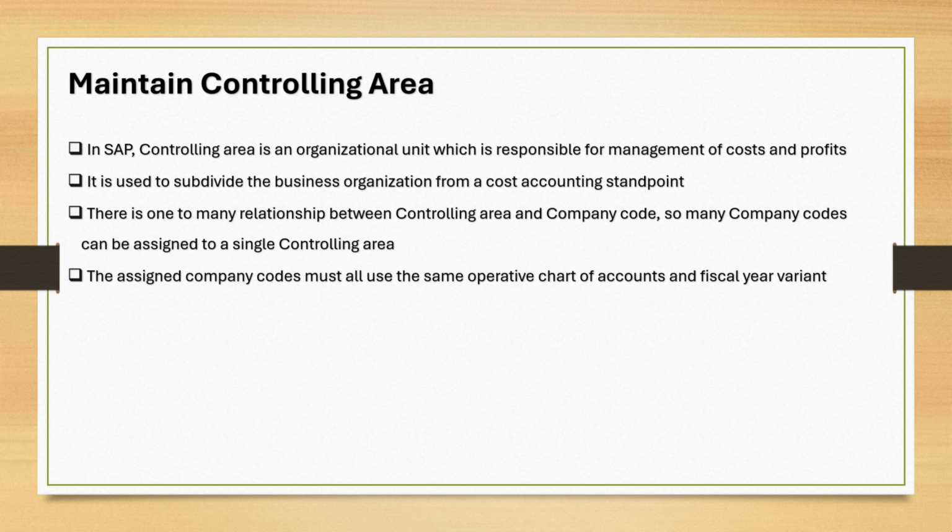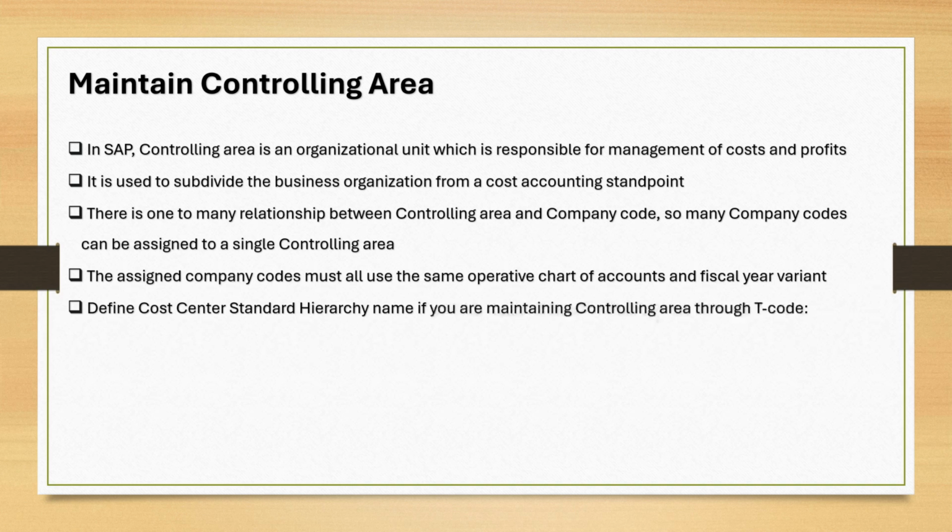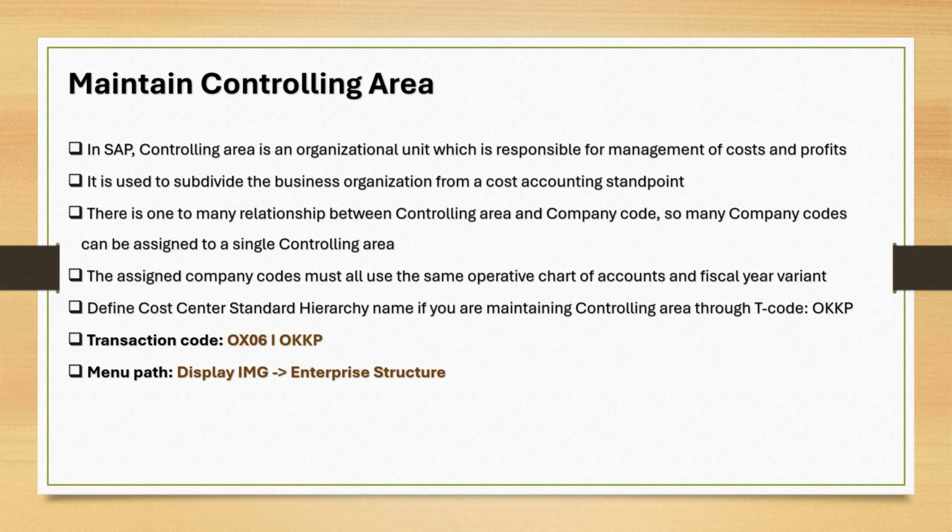So we can define the cost center standard hierarchy name. There are two different transaction codes with which we can maintain the controlling area: OX06 or OKKP, and the menu paths for both transaction codes are different.